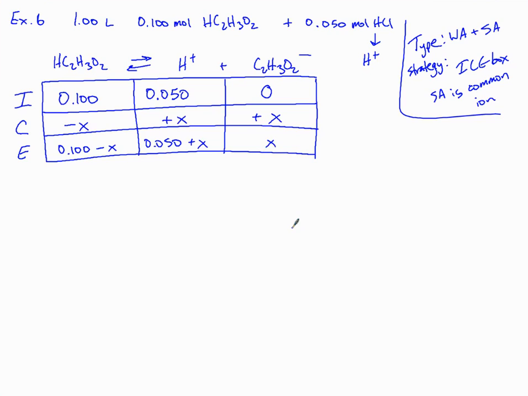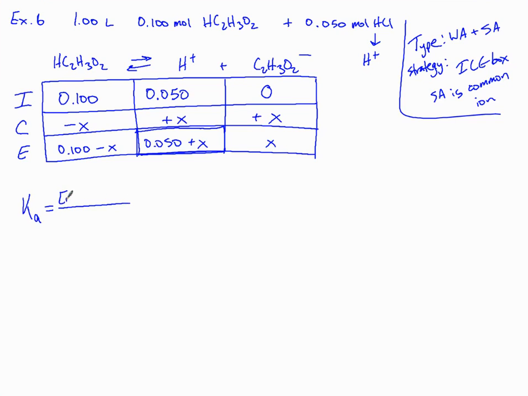Now, eventually, what we're going to be interested in is the hydrogen ion concentration. So it's going to be the information that comes out of this box. But in order to find that, we have to figure out X, which means we need to use the equilibrium expression. So K, and this is a weak acid, so it's Ka, K for acid.